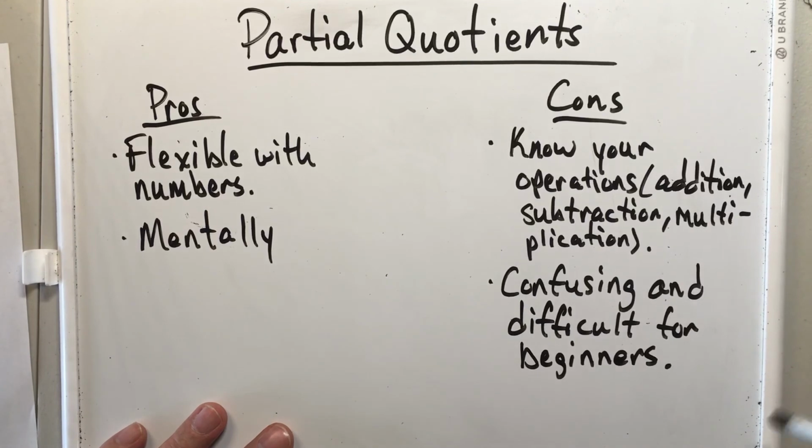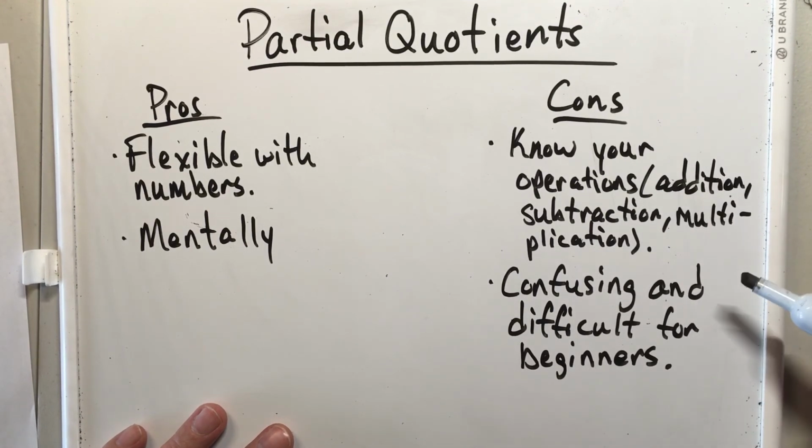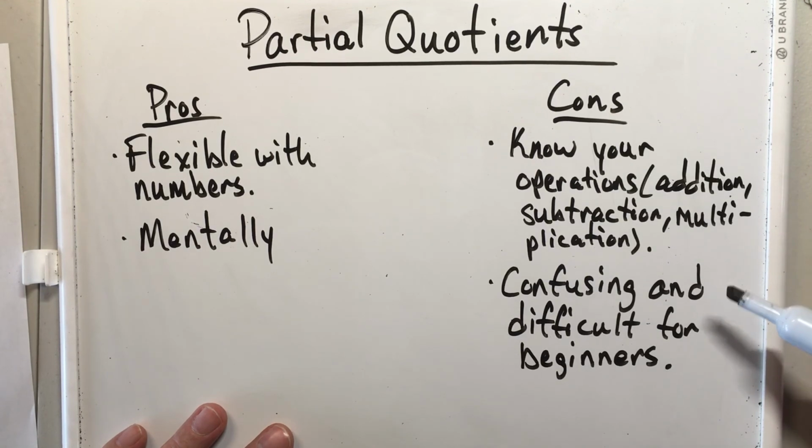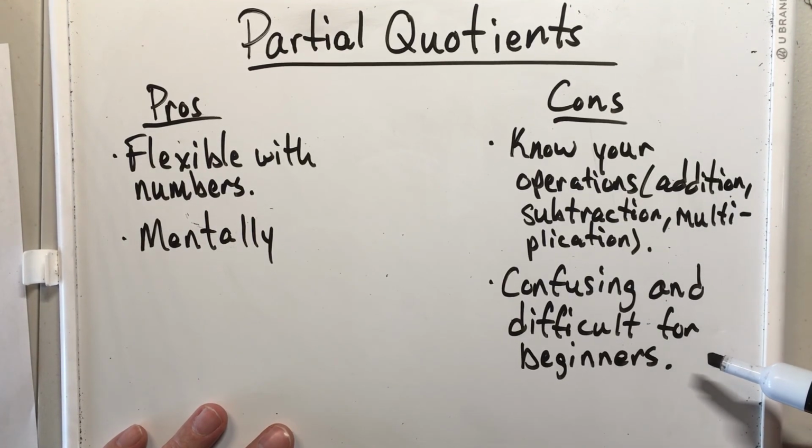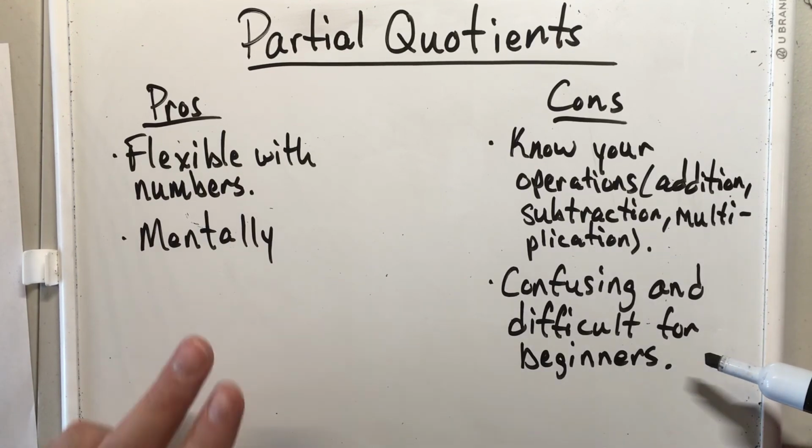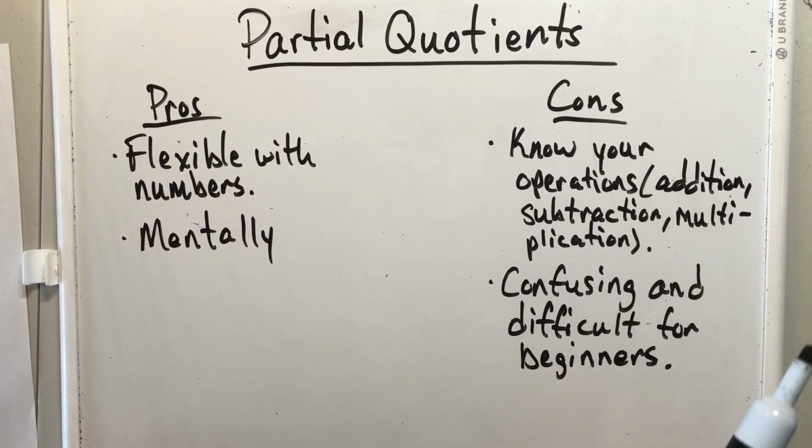Nonetheless, I did share some strategies for how you can get beginners involved by using lower numbers. Try to avoid remainders. Maybe do a 2-digit number divided by a 1-digit number.